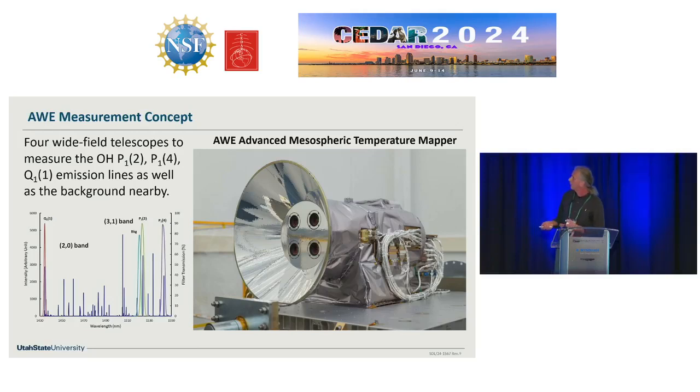And traditionally, the AMTM uses three emission lines in the OH spectrum. That is P12, P14, and the background. And we're also using these three emissions, but the novelty of the ALL instrument is that we also use a fourth line that's in the Q20 band. That's the Q11 line, and we use that.